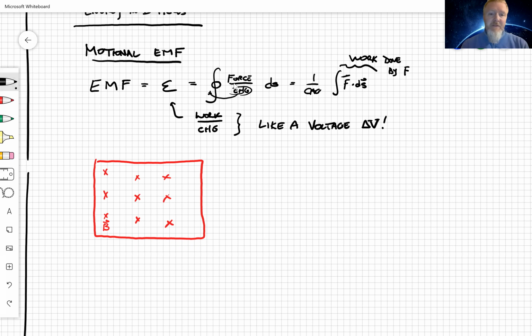Now, in this B field, there is sitting a piece of wire, like that. And it's some length long, some L or something. And I'm going to grab it, or I'm going to lasso it, and I'm going to pull it. Okay, so I'm going to grab it and pull it over here this way.